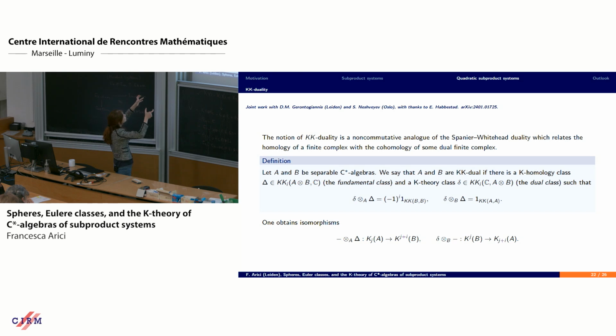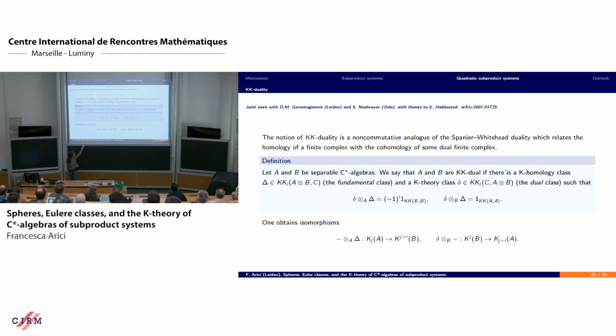So you can say the two separable C-star algebras A and B are KK dual if there are two classes. First one in KK_i of A tensor B with values in C, and the other one in KK from C to A tensor B, such that the Kasparov products of those classes satisfy this condition. And now there is a (-1)^i because you have to take into account some possible dimension shift.